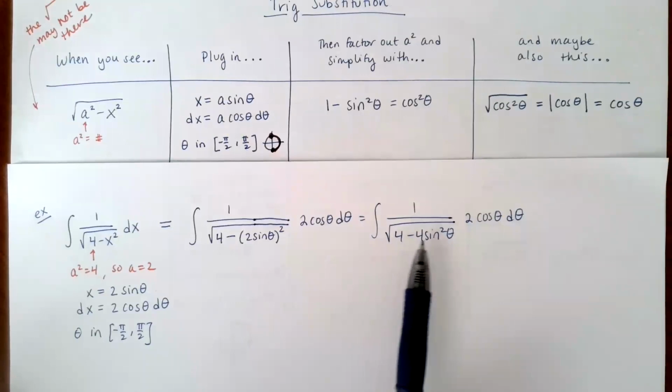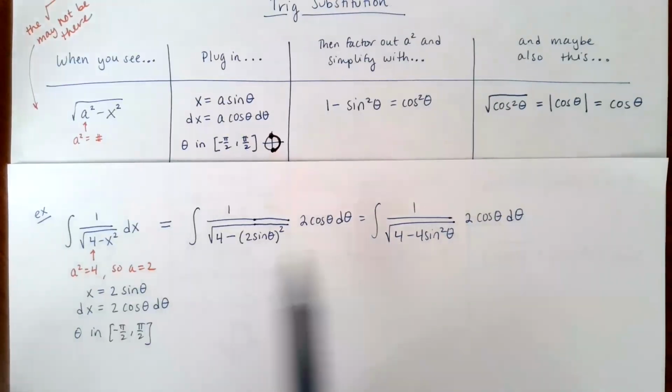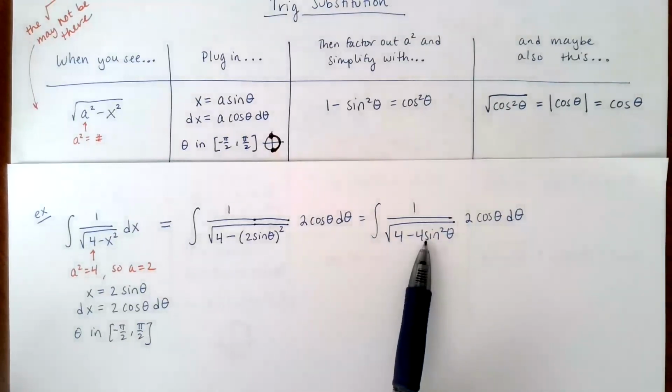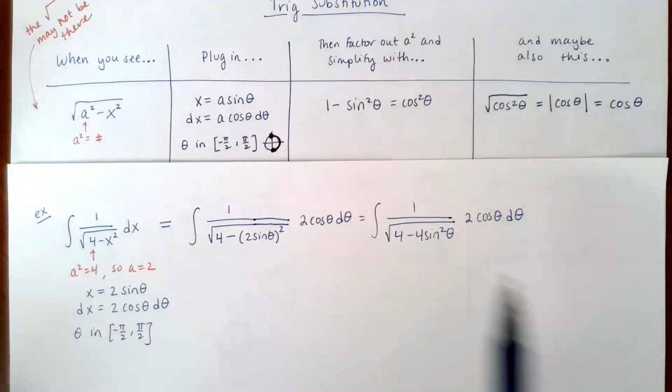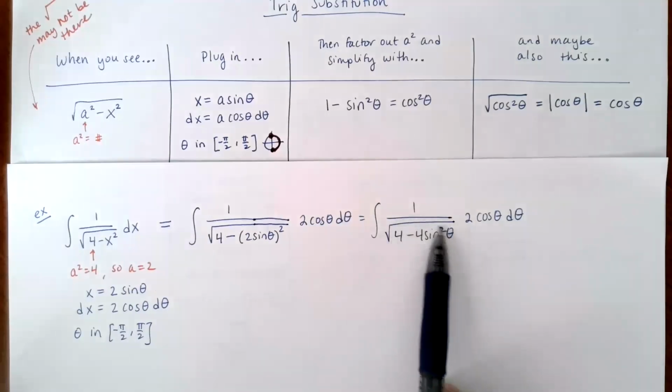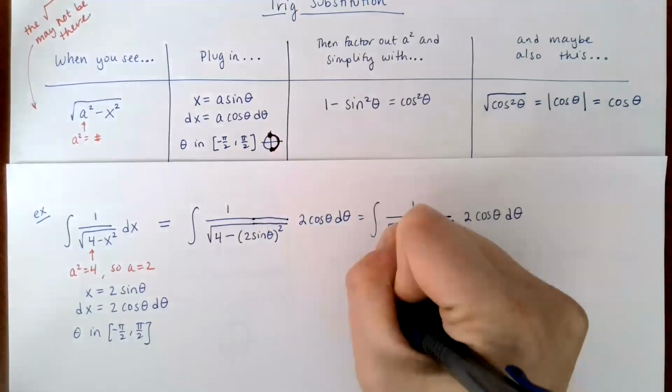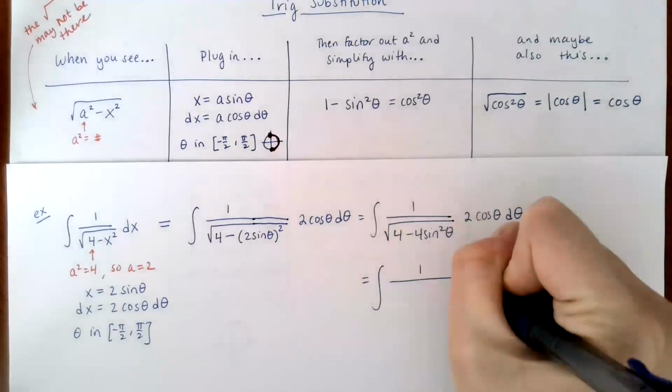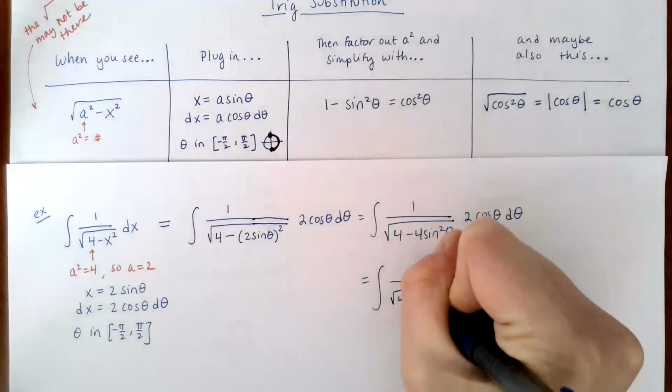Okay, so both of these terms have a 4 in them, and that's not a coincidence. The reason you put this number here is so that this number matches and that you can factor it out. So that's what I'm going to do. And in fact, if in here we have 4 times 1 minus sine squared, I can actually break it up so that the 4 is under its own root.